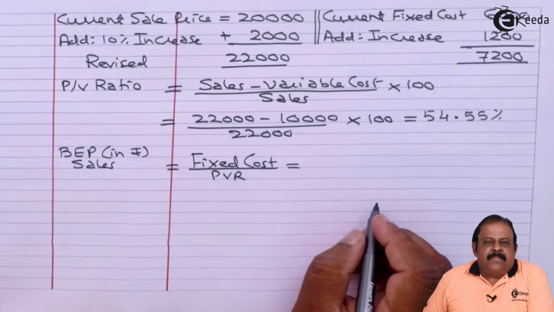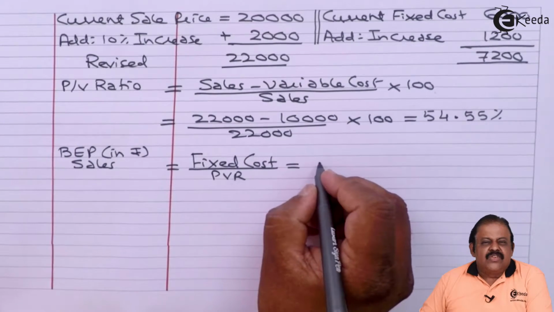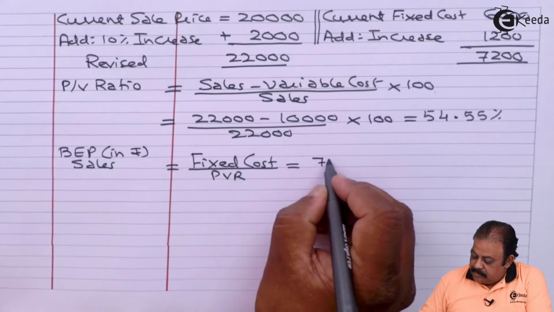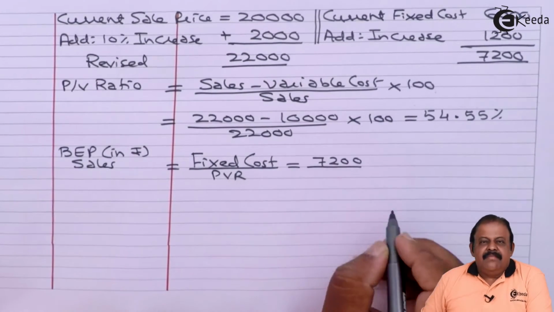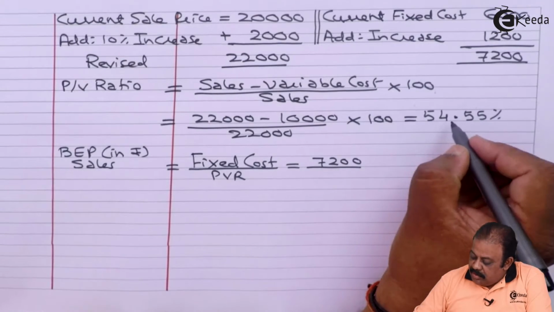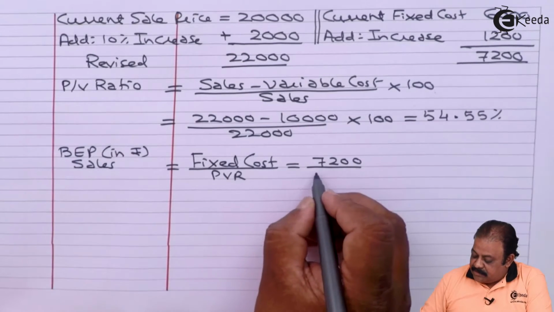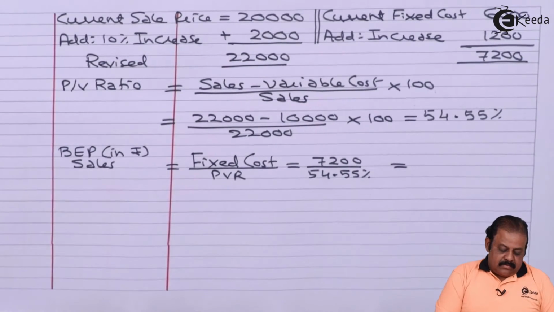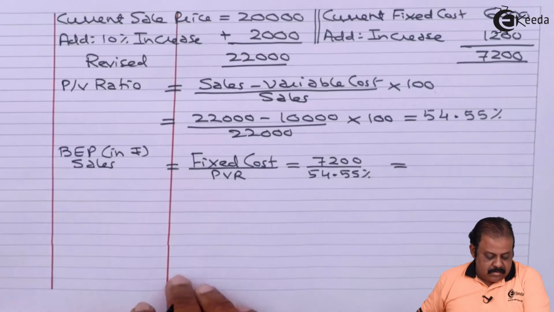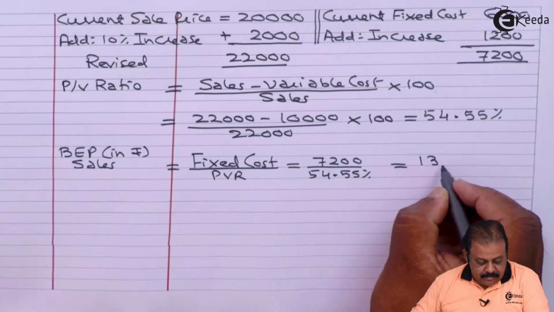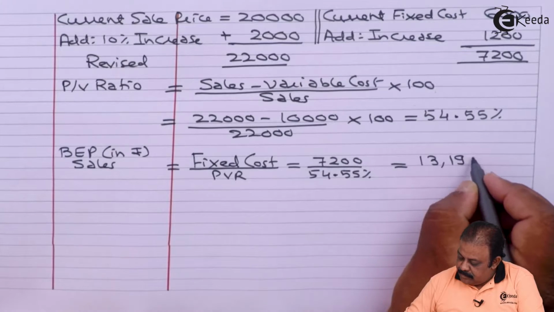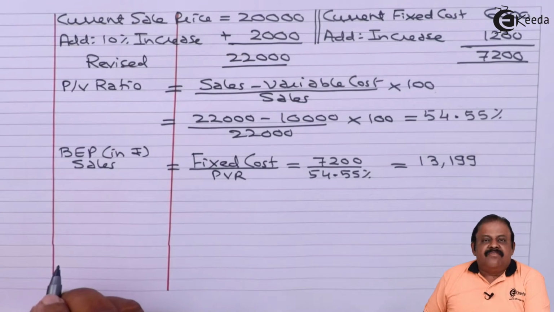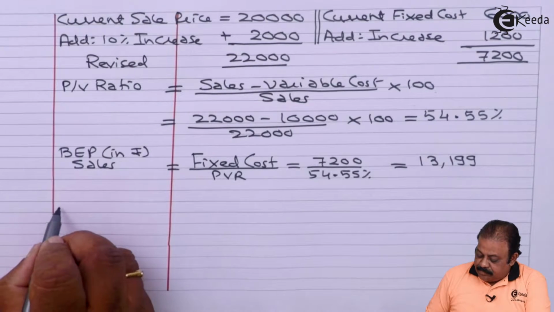Fixed cost divided by PVR. Fixed cost, there is revised fixed cost, we have 7,200 divided by revised PV ratio 54.55%. $13,199, that is the amount of revised break-even point sales.